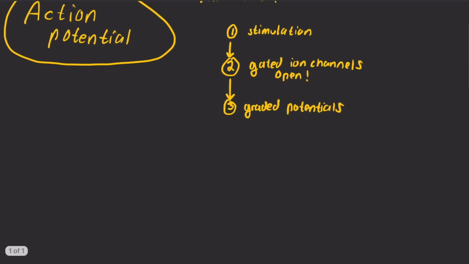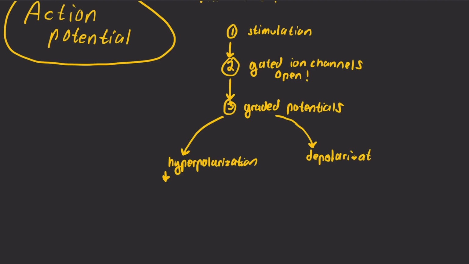and either it can go through hyperpolarization, in which the membrane potential goes below the resting membrane potential, as we've learned prior, or it goes into depolarization, in which it reaches above negative 70 millivolts.